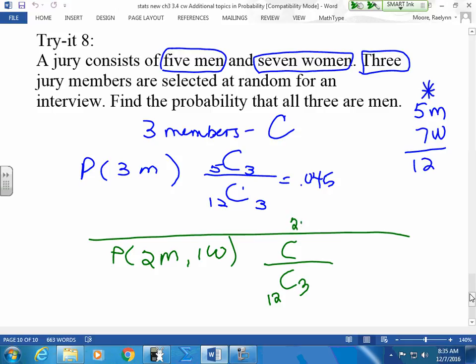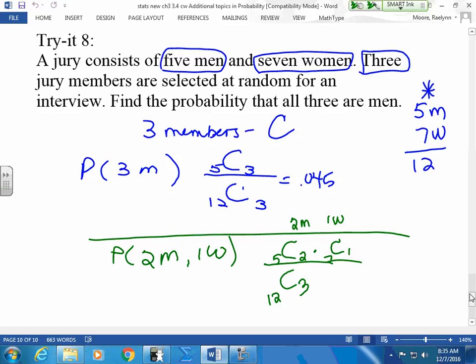I wanted to say 2 men, 1 woman. How many men do I have to choose from? 5. How many do I want? 2 times, how many women do I have to choose from? 7. How many do I want? 1. And then I just multiply. What'd you get, Tori? Did you do this one?